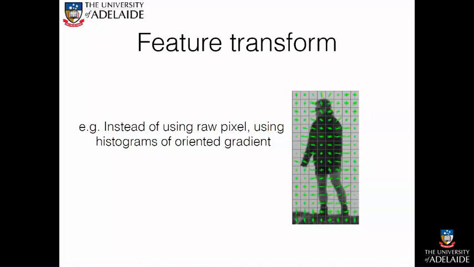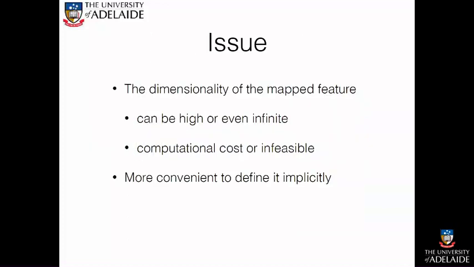And then use that as a feature to do, for example, image classification. In this case, to detect pedestrians. So this is a transform, right? You transform the raw RGB pixel value into another representation, the histogram of oriented gradient, the so-called HOG features. So in this case, we actually heuristically, manually design this feature transform function.